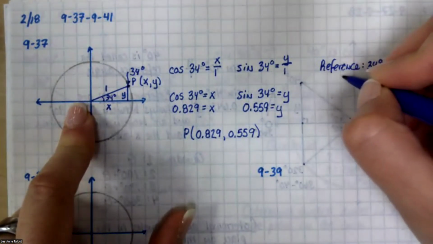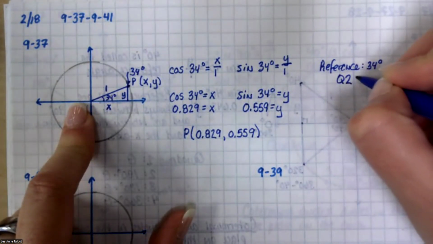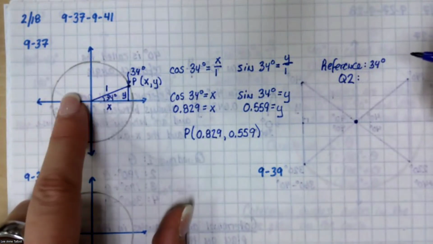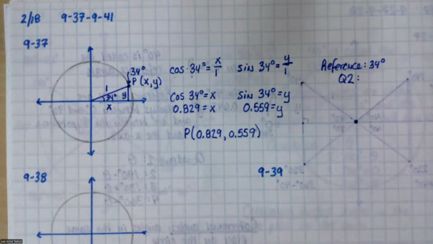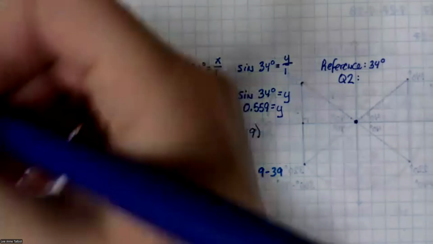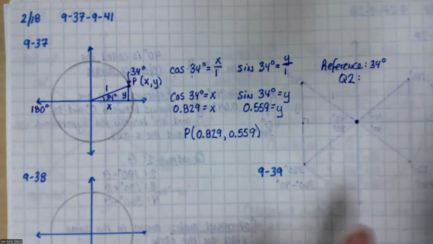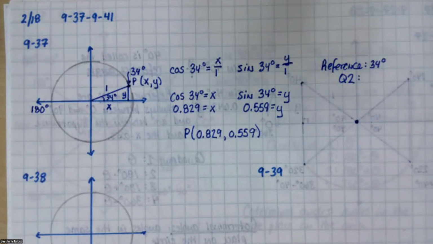Okay, now quadrant 2. How do I find the angle in quadrant 2? Anybody remember? Okay, what if I did this? Are people feeding you answers over there?